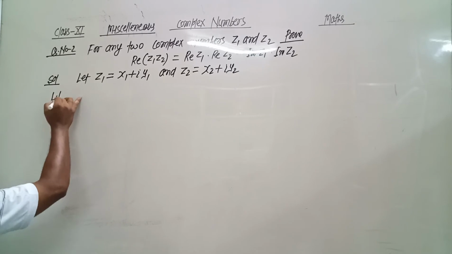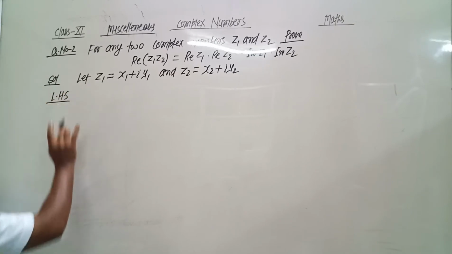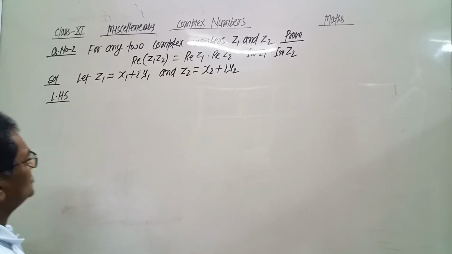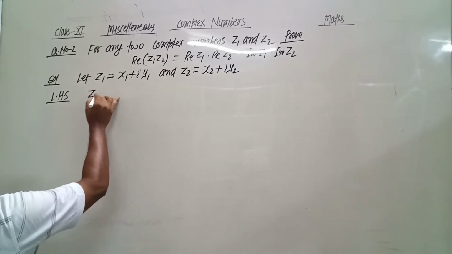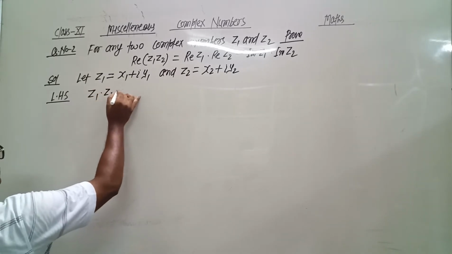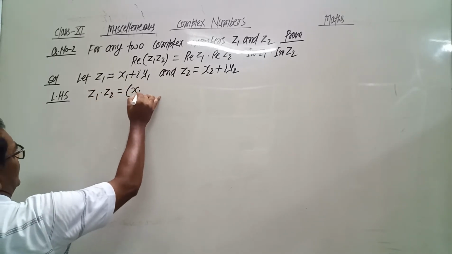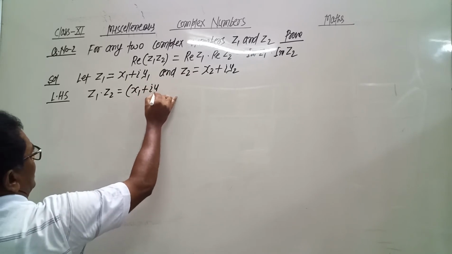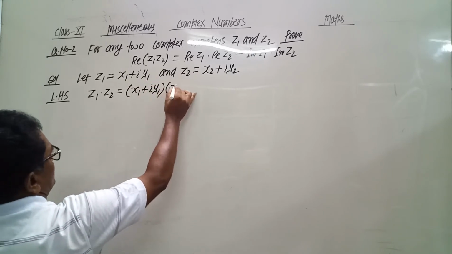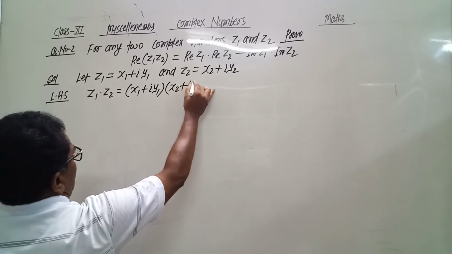Firstly we will solve the LHS and find Z1 into Z2, the product of Z1 and Z2. So Z1 is x1 plus i y1 and Z2 is x2 plus i y2.